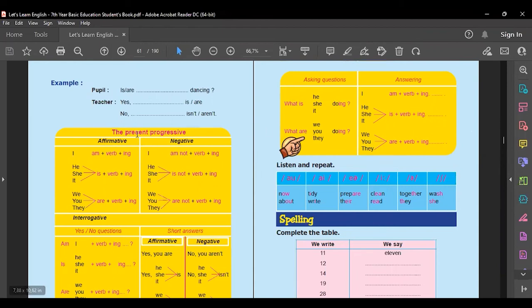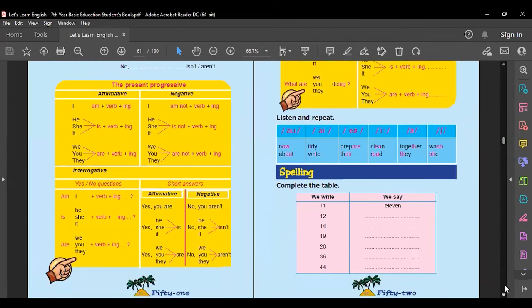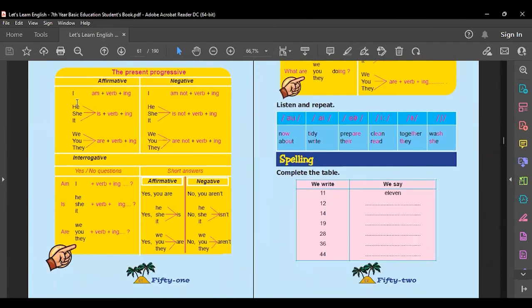So let's go back and focus and say the present progressive is the easiest tense ever. So the present progressive, if we want to do a recap. Okay, so we say what do we have?